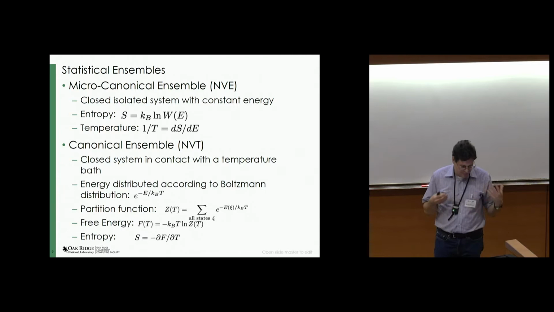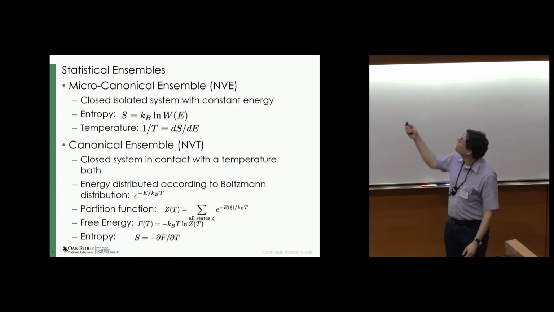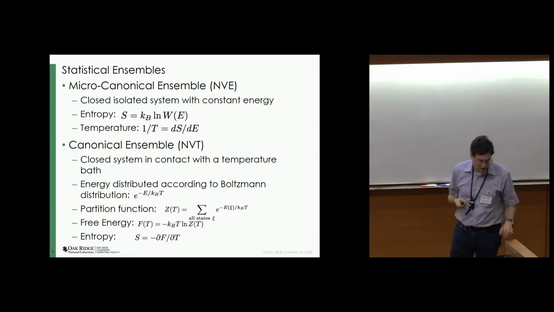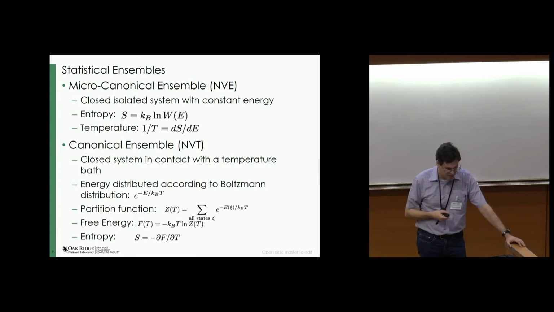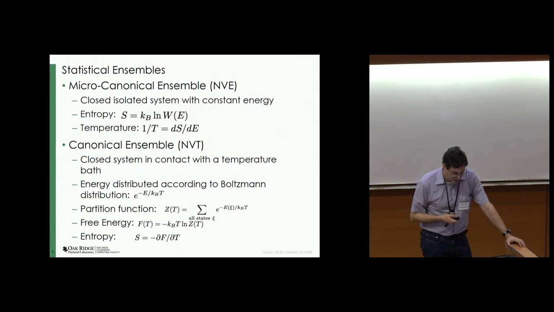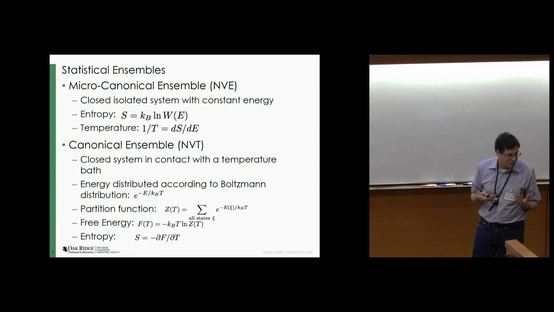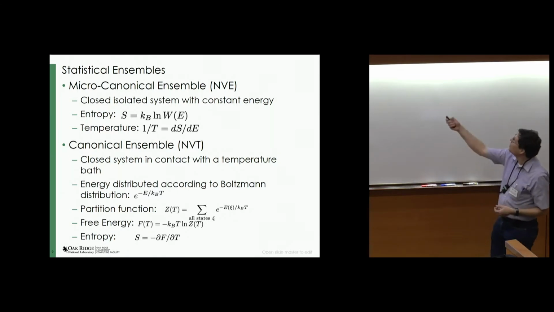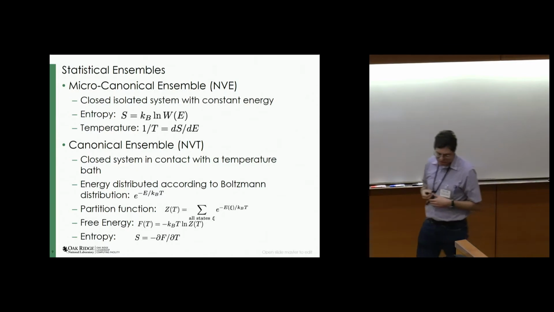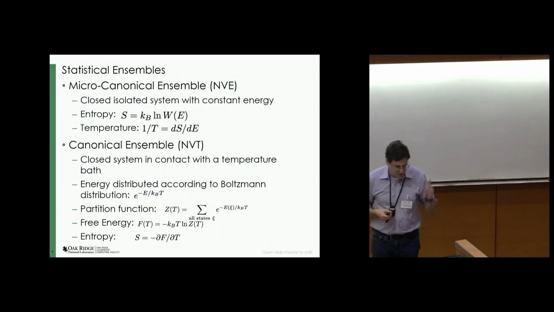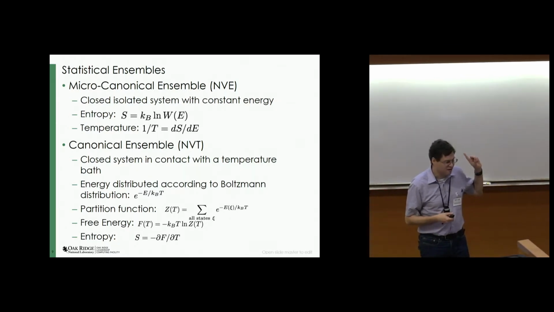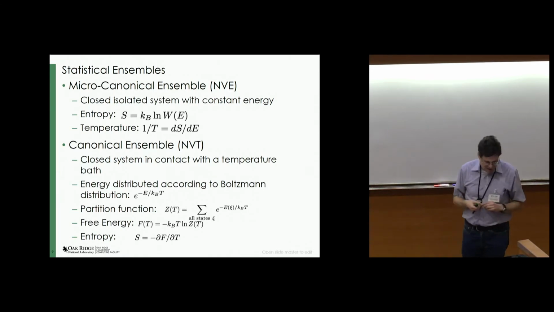And there, the energies in the system are distributed again according to this Boltzmann distribution, and ultimately you can find most of the things you're interested in once you know this partition function, which, as you saw, was actually the normalization of the probability density.